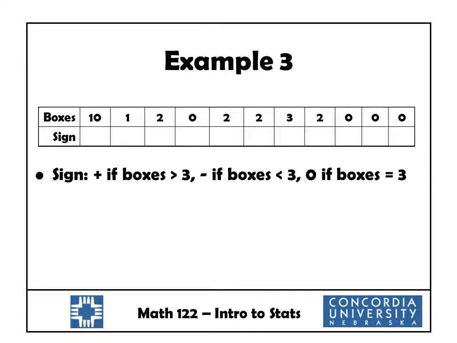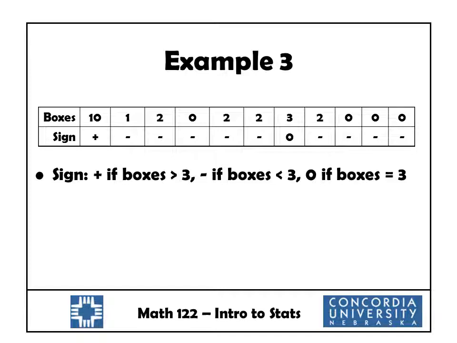Okay. Now, in order to do the sign test, we need to get some plus and minus signs involved here. So our sign is going to be positive if the number of boxes is greater than 3, negative if it's less than 3, and 0 if it equals 3. So we see there our signs: plus, minus, minus, minus, 0, minus, minus, minus.